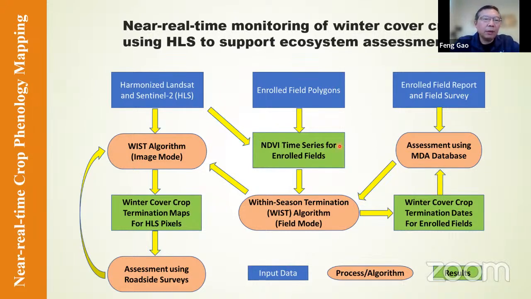That's a text file. So we can run the algorithm to generate the termination data for the enrolled fields, because that's what they really need from the Department of Agriculture in Maryland and Delaware. We can assess using their database and improve the algorithm. So it's semi-operational, I think, for this agroecosystem assessment.